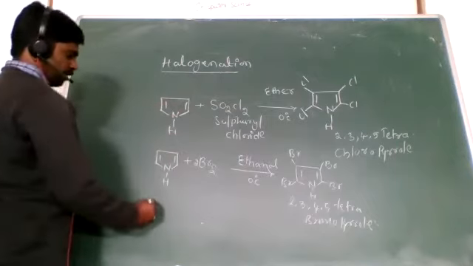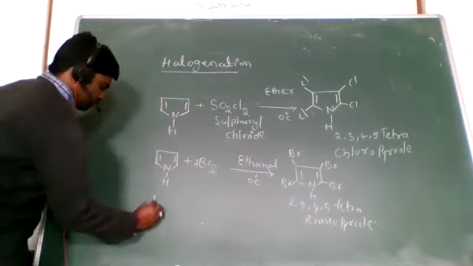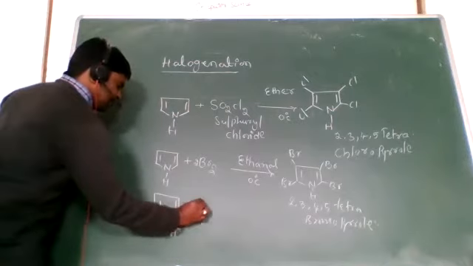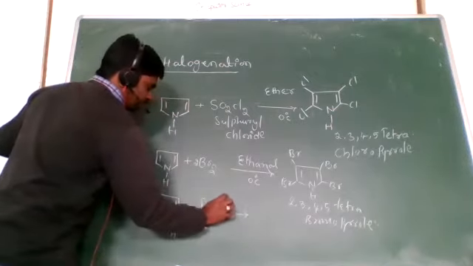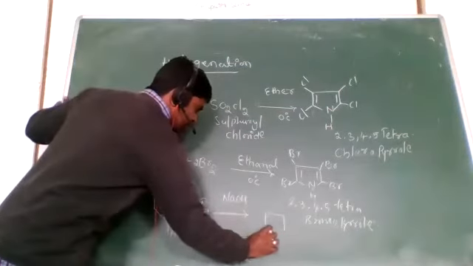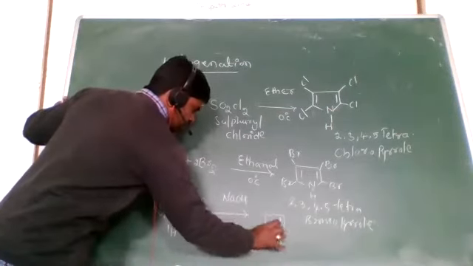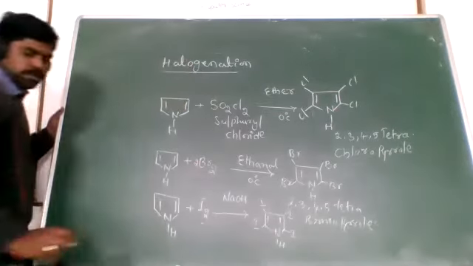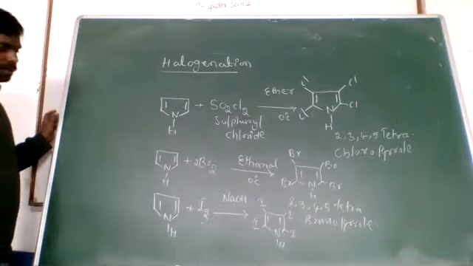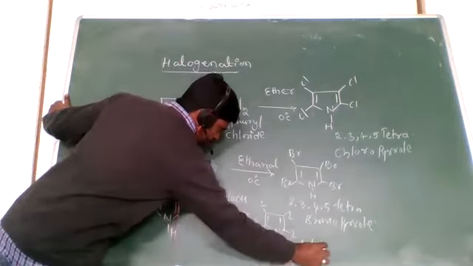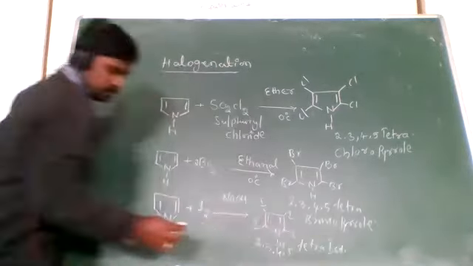So next one, I will take the reaction with iodine. Look here, pyrrole, when it reacts with iodine in the presence of sodium hydroxide, that is the base, is converted to 2,3,4,5-tetraiodopyrrole.